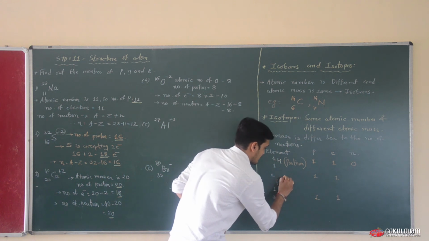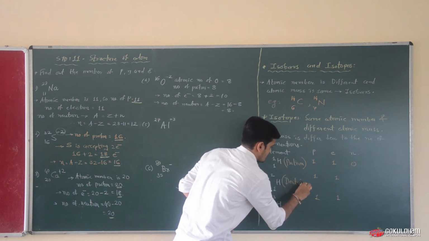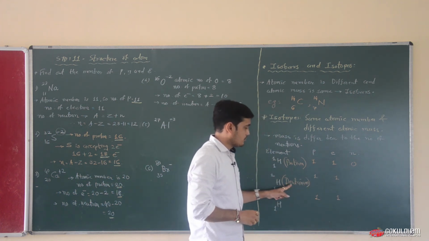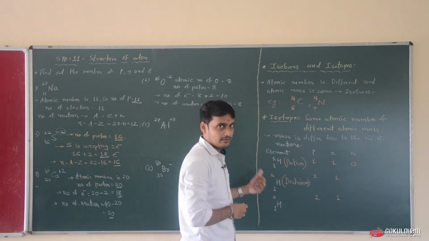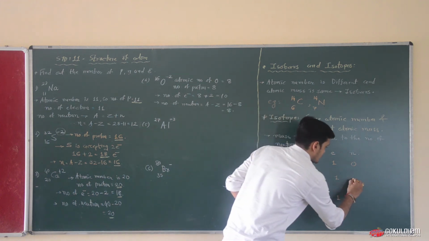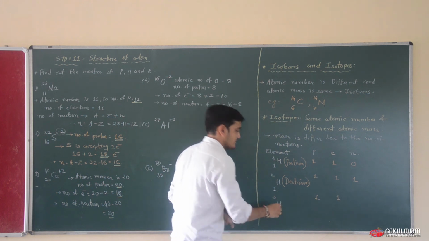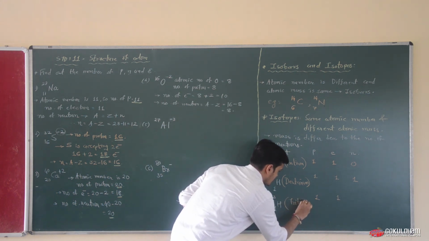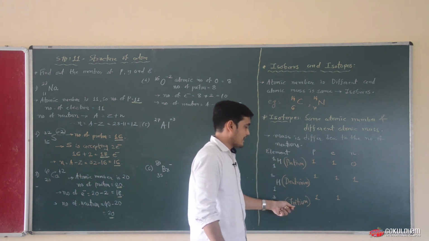In our second case, second one is known as deuterium, which is used in heavy water production, and this deuterium contains one neutron, and the third one is known as tritium. Tritium is a very rare element.